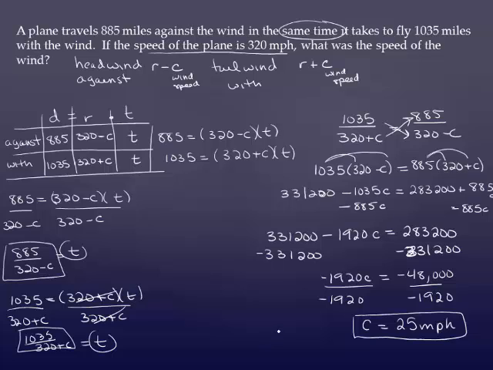And that makes sense. That's another thing with the distance, rate, and time problems. If you're solving for rate, the rate should make sense. So for example, if you're solving for the rate of a person walking, you should never get 70 miles per hour. If you're solving for the speed of an airplane, you're not going to get 10 miles per hour. An airplane can't fly at 10 miles per hour.